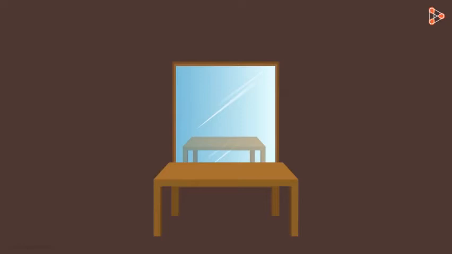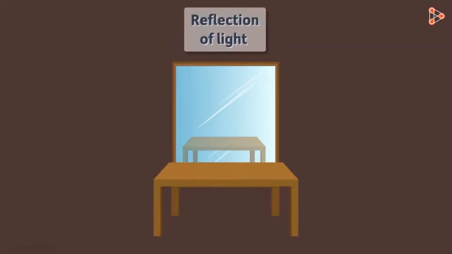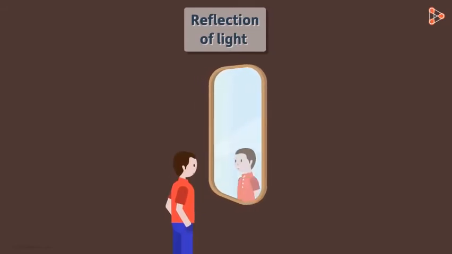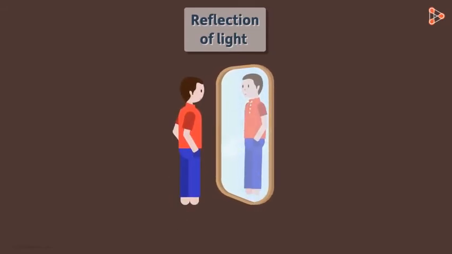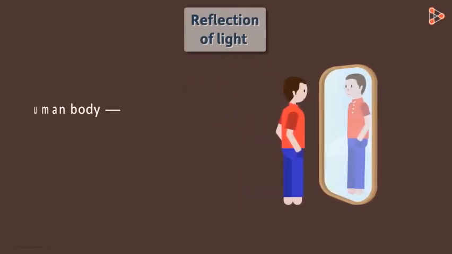When the object is kept in front of the mirror, its image is formed in it. But will we be able to see the image in the dark? No, we won't. So the formation of the image is also due to reflection of light. Let this object be our human body, so at the same time we are looking at the image. First tell me, is our body a luminous or a non-luminous object?